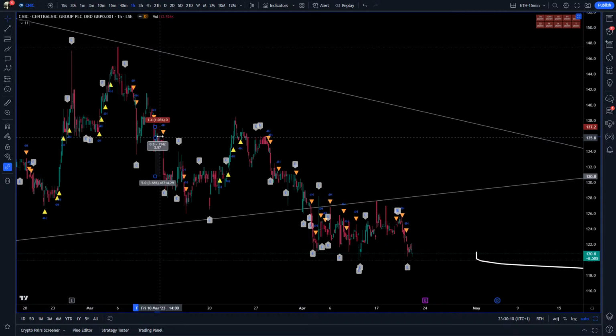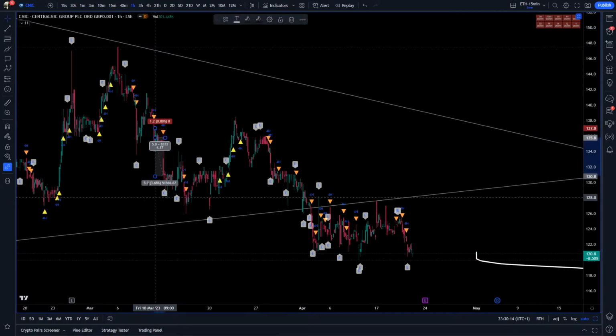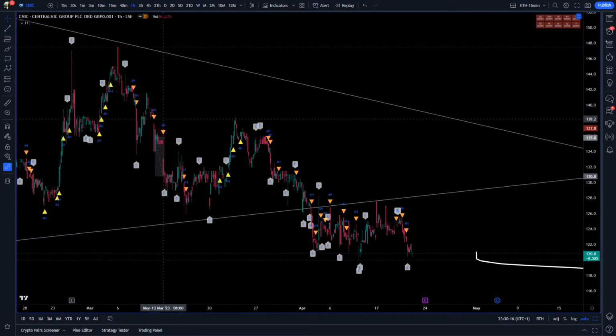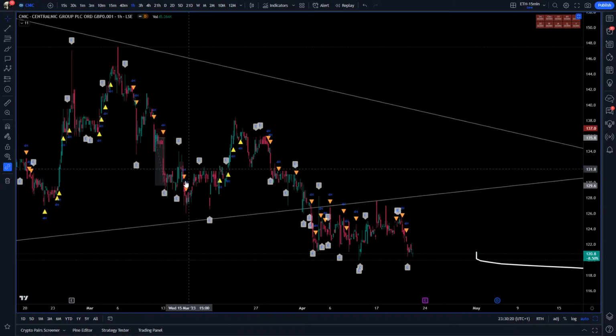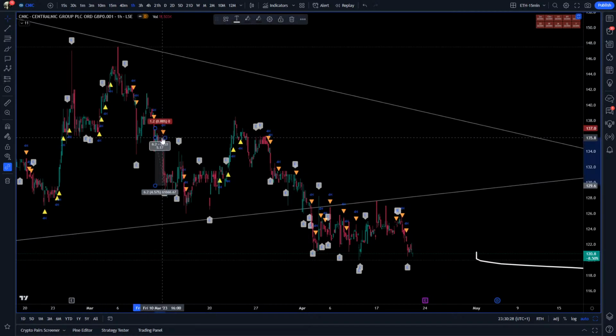So we put our stop loss there and we trade the 4-hour market all the way down until there is a big price movement, which is this stretch, and we take our profit.